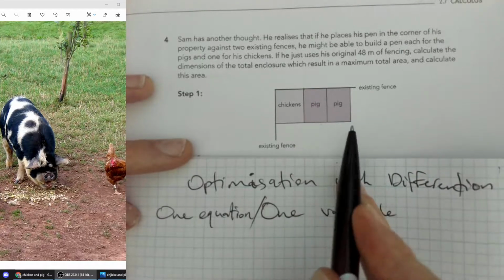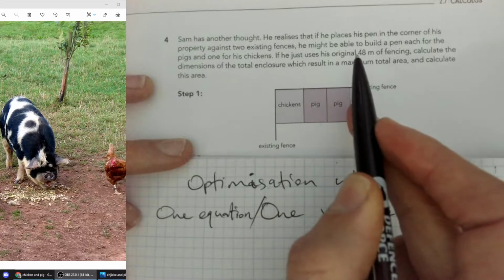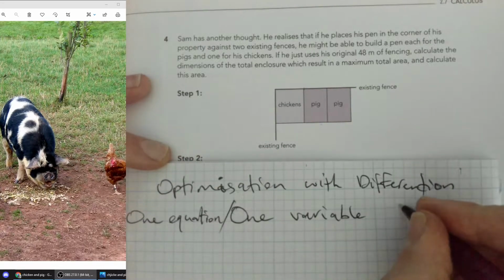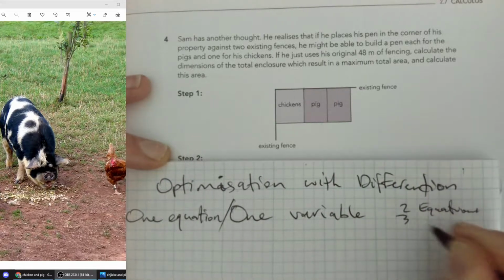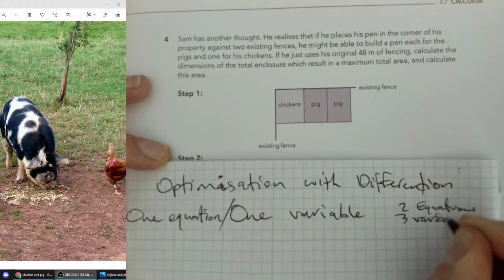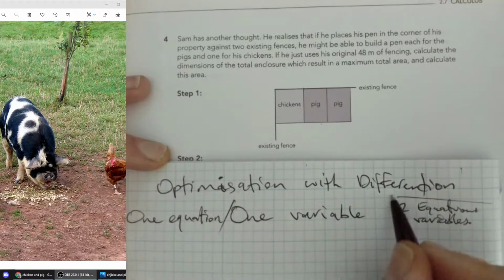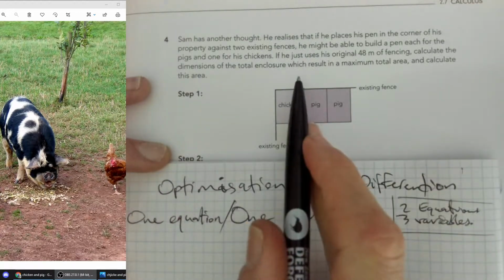You're going to have 3 variables, and then you're going to make an equation out of the length of the fencing, and then you're going to make an area equation. So you're going to have 2 equations and 3 unknowns. This doesn't work in maths. So the whole thing about this is the question's impossible.